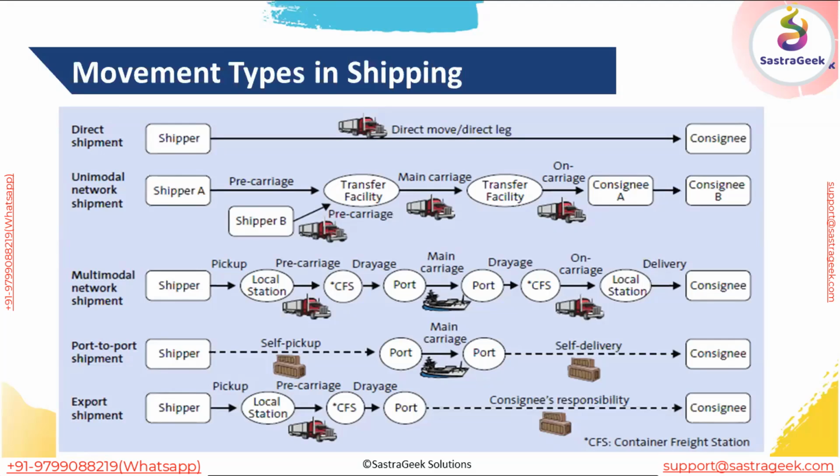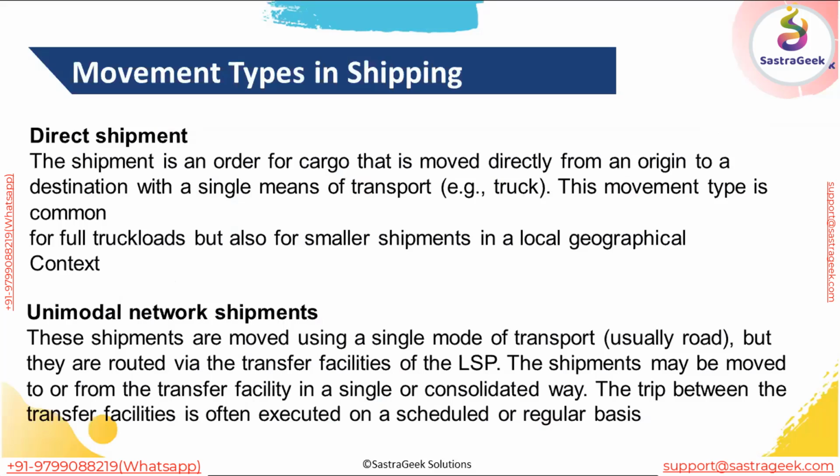So in direct shipment it goes from a shipper to a consignee. The direct shipment of an order is an order for a cargo that is moving directly from the origin to the destination. Typically it happens only in full truckload scenarios.